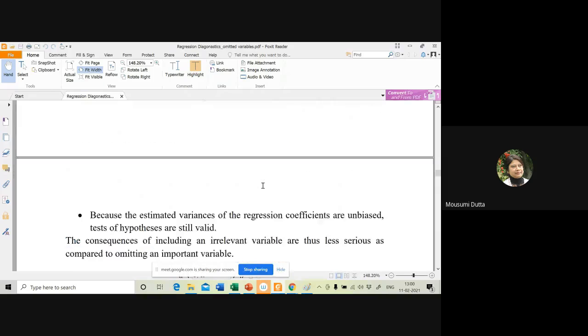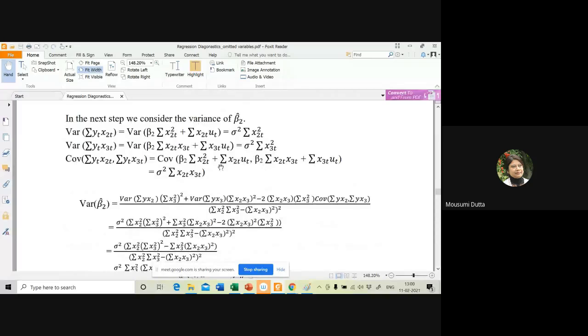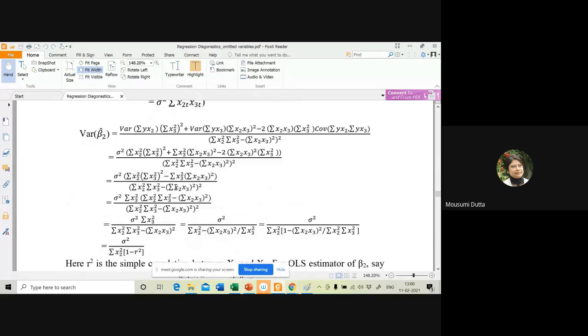Okay, so here you will find that I actually calculated the variances of beta 2 hat, and if you understand these calculations, you will be able to repeat the similar exercise for the omitted variable case, and you will understand how the variance of beta 2 hat is something other than the variance of beta 2 hat under a classical context.